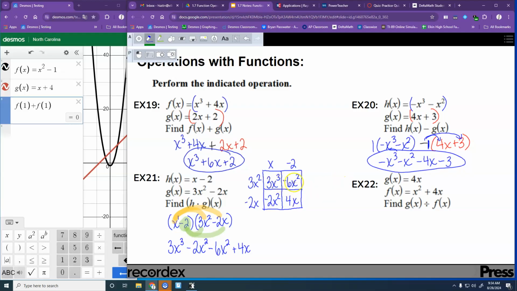Notice that these 4 numbers I get in my box are the same as the 4 numbers I got here. So it's the same thing, just different methods of getting it. You can use whichever one is easiest for you. Do I have anything I can combine in that final answer? Negative 2x squared and the negative 6x squared. What's that give me when I put those two together? Negative 8x squared plus 4x there.